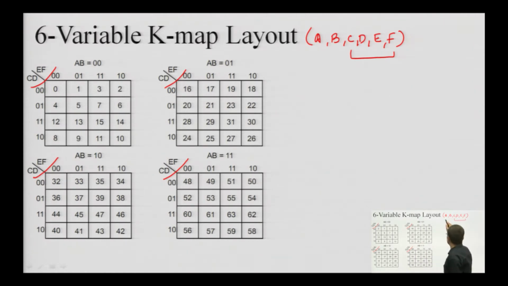But A and B are changing for these 4 C, D, E, F based K maps.